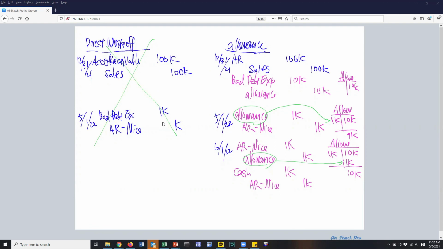And as a result, we end up using a cookie jar, which is named allowance. And then when the bad weather comes, we use the cookie jar. So allowance being debited, the specific accounts receivable being credited. But when there is a pleasant surprise, you reverse it back, you reinstate the nice name, and then finally journalize the cash increase.